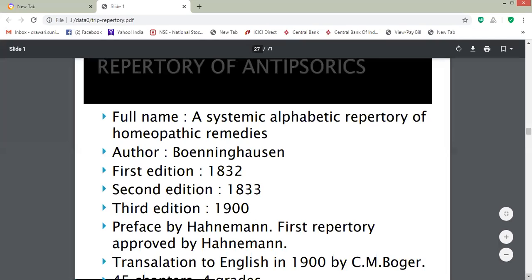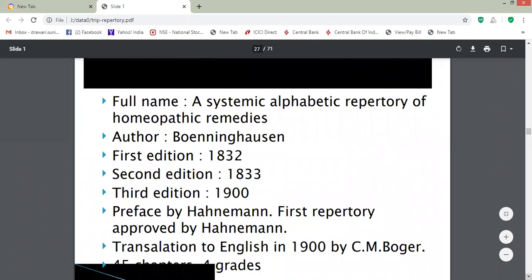The preface of this book was written by Dr. Hahnemann, and this was the first repertory approved by Dr. Hahnemann. Before Dr. Boenninghausen, many homeopaths, many followers of Dr. Hahnemann, tried their level best, but Dr. Hahnemann did not approve any repertory because he found some lacunae in those repertories.